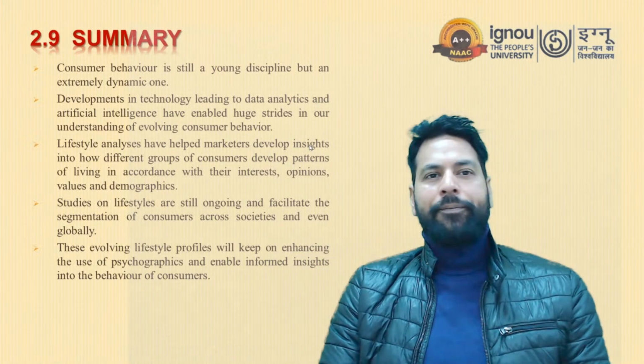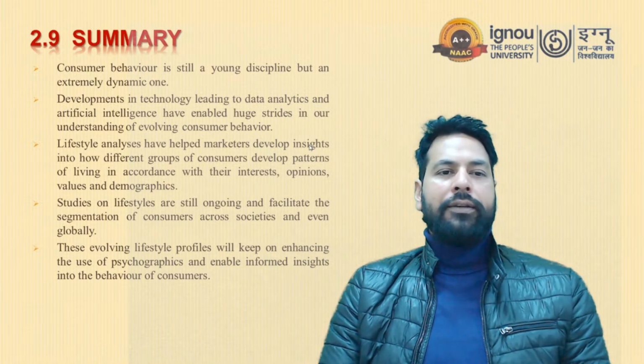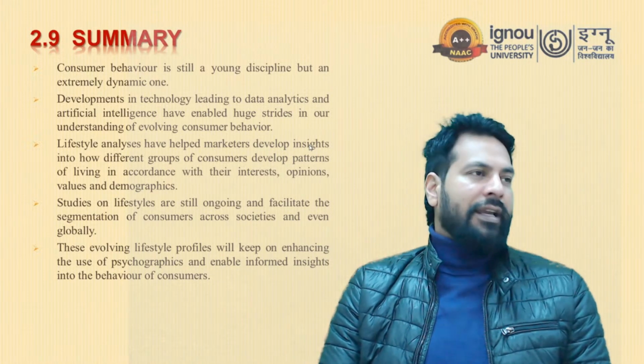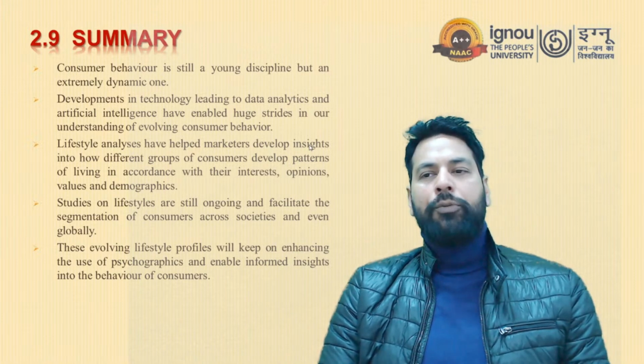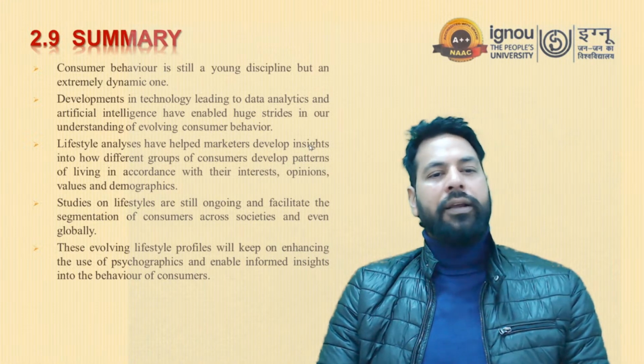So these tools help a marketeer to understand the lifestyle of an individual or a group of individuals, so that they can be targeted in a better and efficient manner.